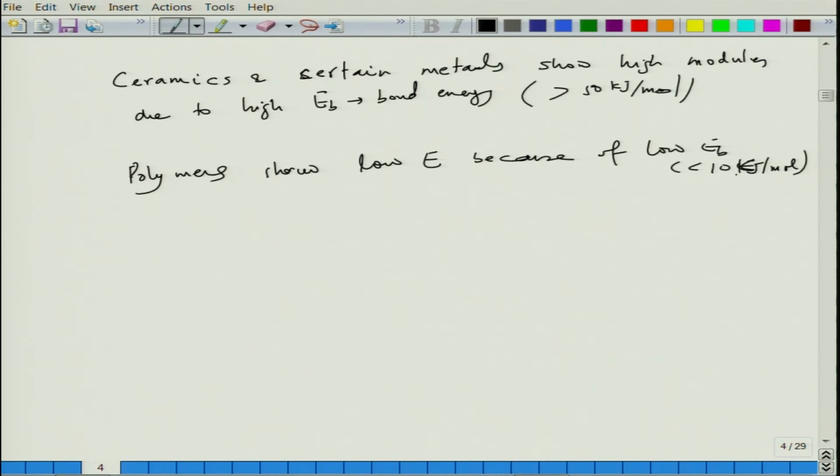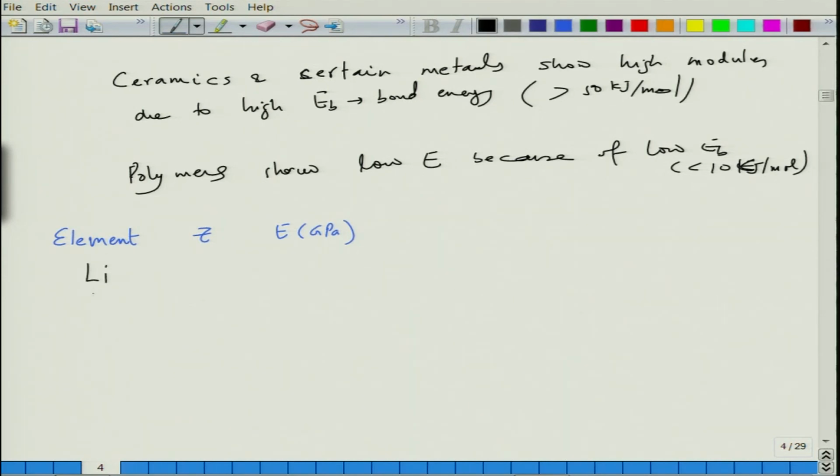So, let me now give you the values of certain materials. Last time we saw, for example, the element as you go down, then you have the Z value, then you have the E value in GPa. So, this is for instance for metals.